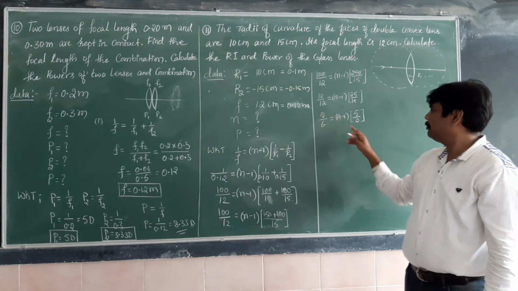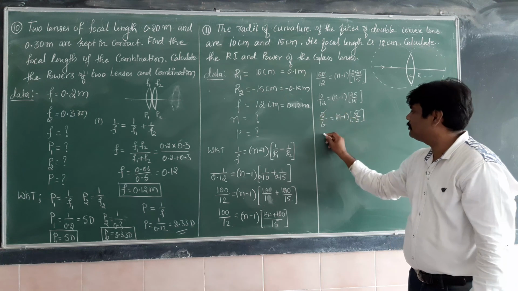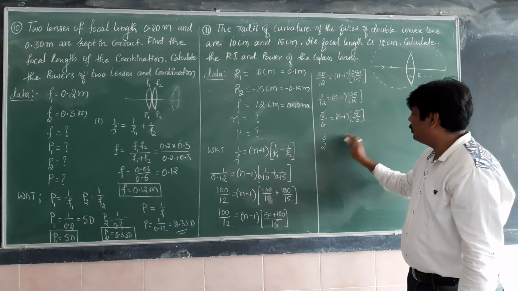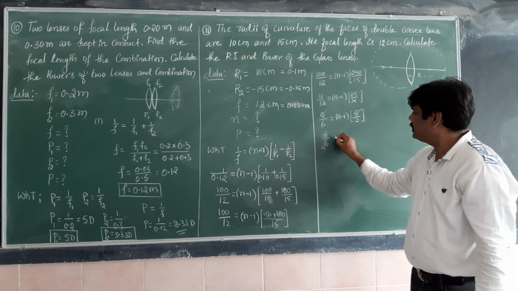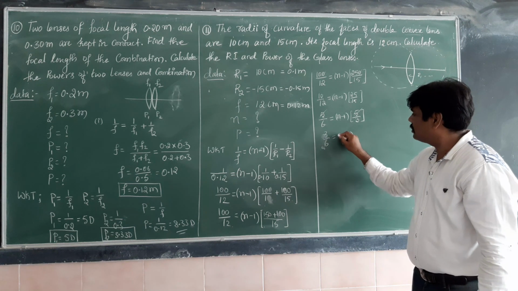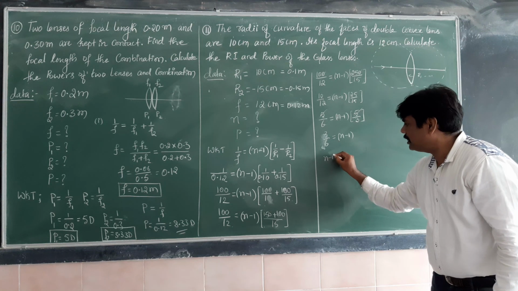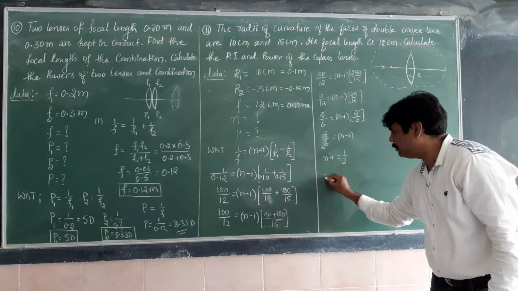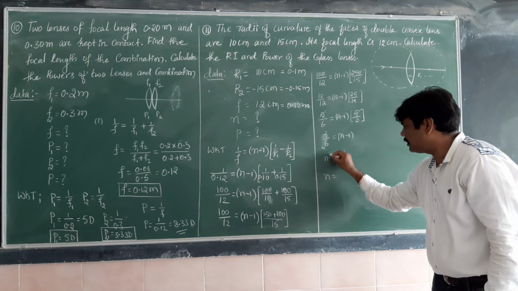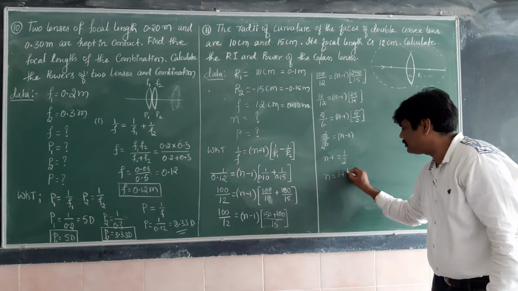Now you take the cross multiplication. The 5 cancels. It will become 3 by 6, which is equal to n minus 1. Then n minus 1 is 3 by 6, which can be written as 1 by 2. It will become n is equal to, if I transfer minus 1 to the left hand side, 1 plus 1 by 2.